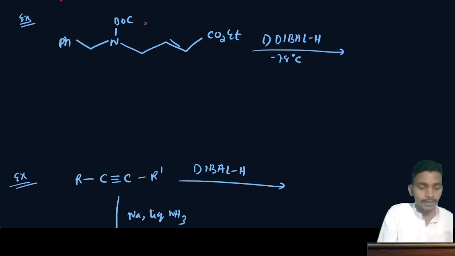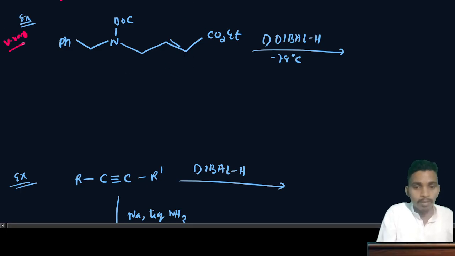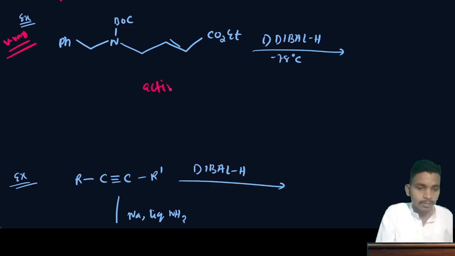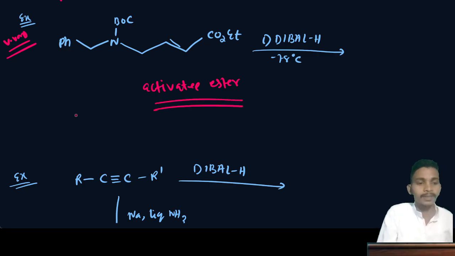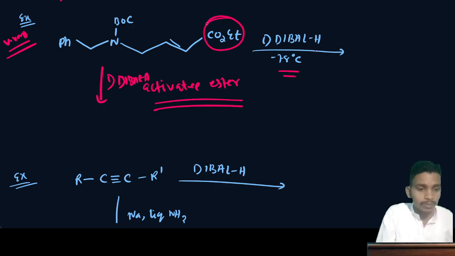Now here again DIBAL-H is there, and this is the protecting group that we will discuss later. Now this is very important because this is an activated ester. If an activated ester is given, whether it is at minus 70 degrees centigrade or at room temperature, in both cases it will convert into the alcohol, not into the aldehyde. An activated ester is more reactive, so it will not stop at the aldehyde.